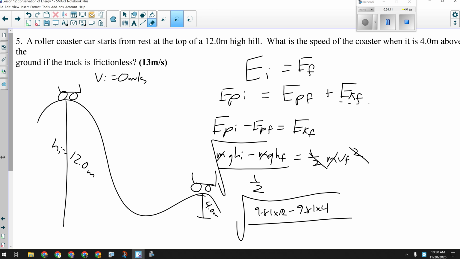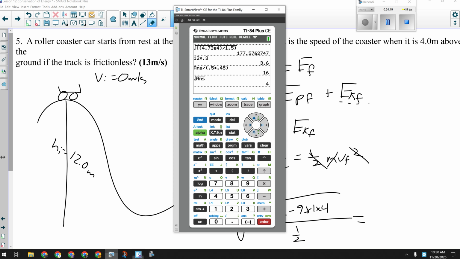You could have just got 9.81 times 8 on the top and would have come up with the same thing. Divided by 1/2, all square rooted. So 9.81 times 12 minus 9.81 times 4, divided by 1/2, square root. So it'll be moving at 13 meters per second to 2 significant digits.